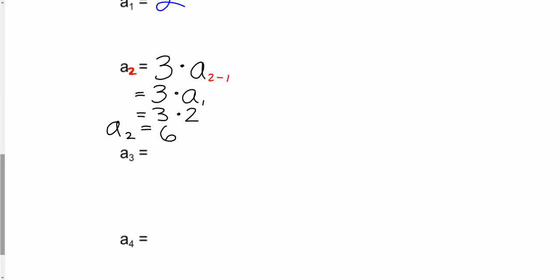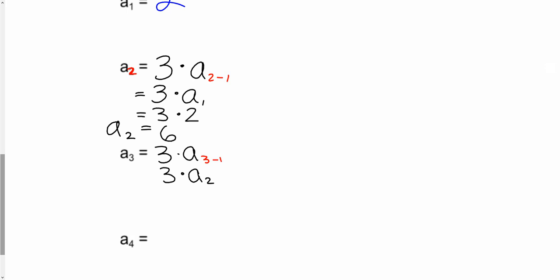So you're going to notice a pattern, hopefully. If we move on to the third term, we're going to do 3 times a, 3 minus 1. So that's going to simplify to 3 times a sub 2. Do we know the answer to a sub 2?